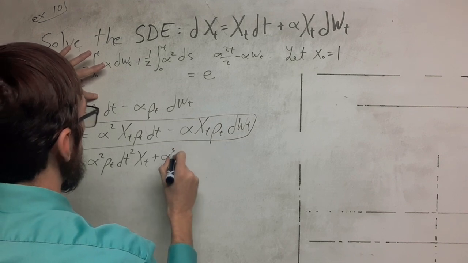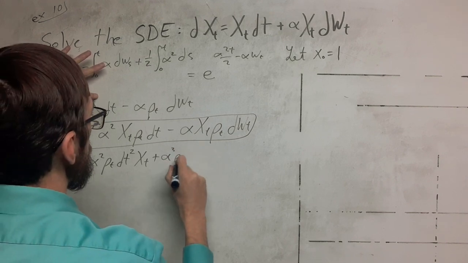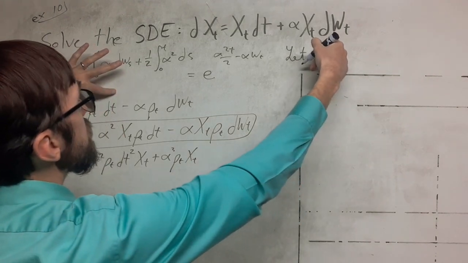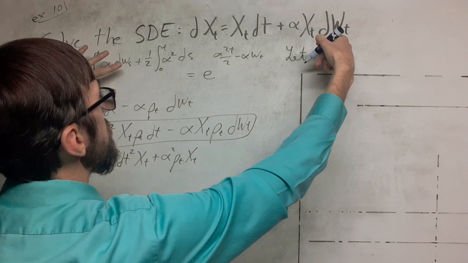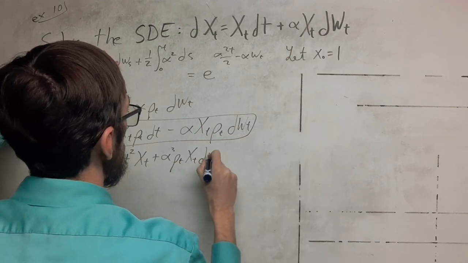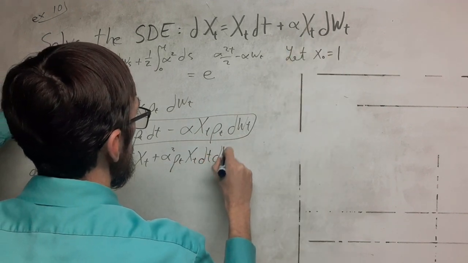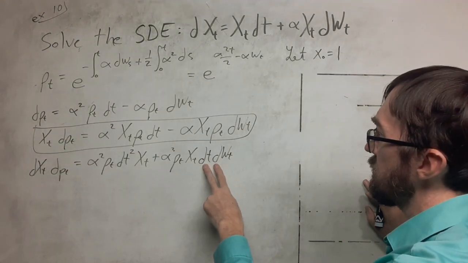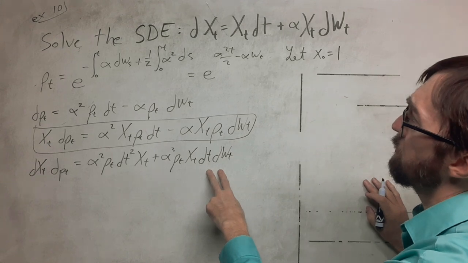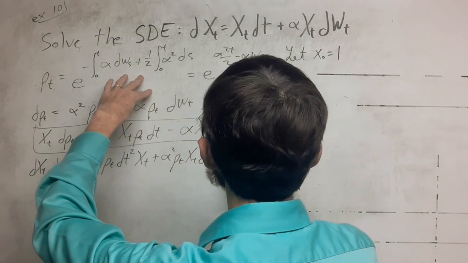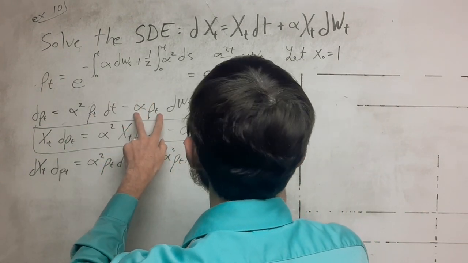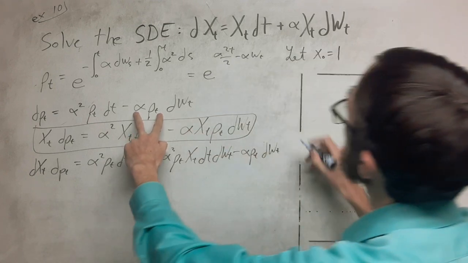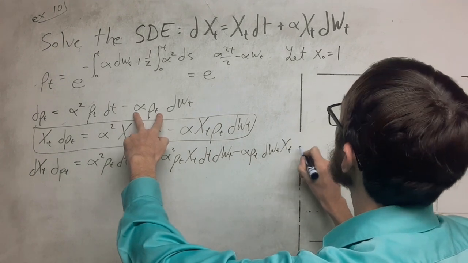So it's going to give me alpha cubed rho sub t x sub t, and then dt dWt. And then this also is a special term that's going to play a role in here, and we're going to multiply by this second piece here. So alpha rho sub t dW sub t times this x sub t dt.